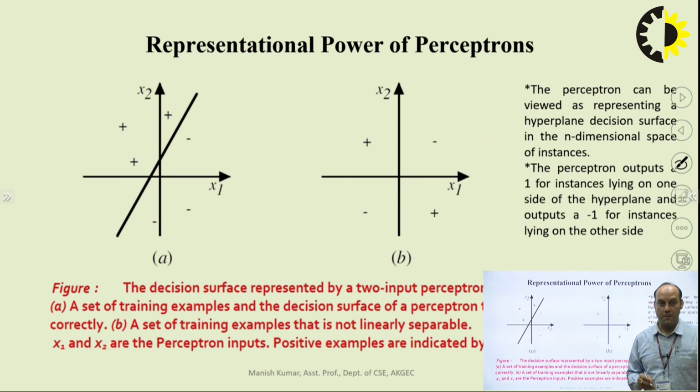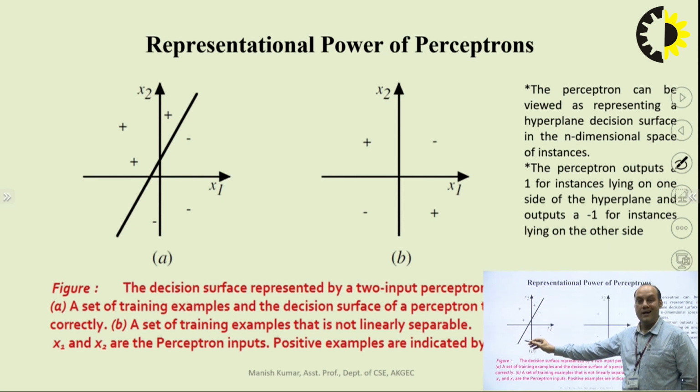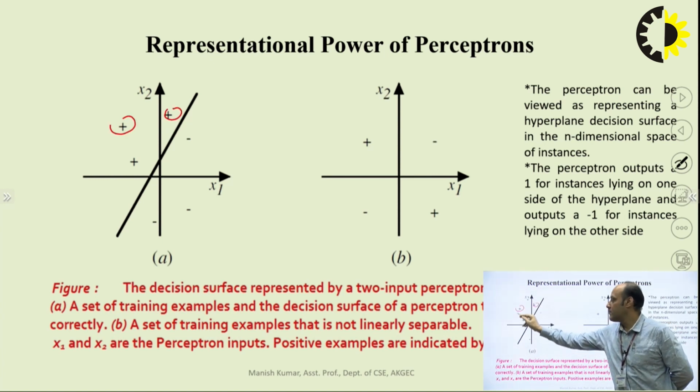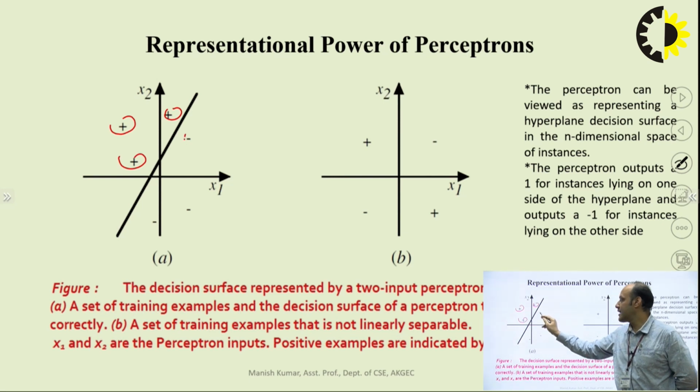One should know this representational power of the perceptron. As I have just discussed before, we have a data set which can be separable linearly. Here are the positive examples, and here are the negative examples.